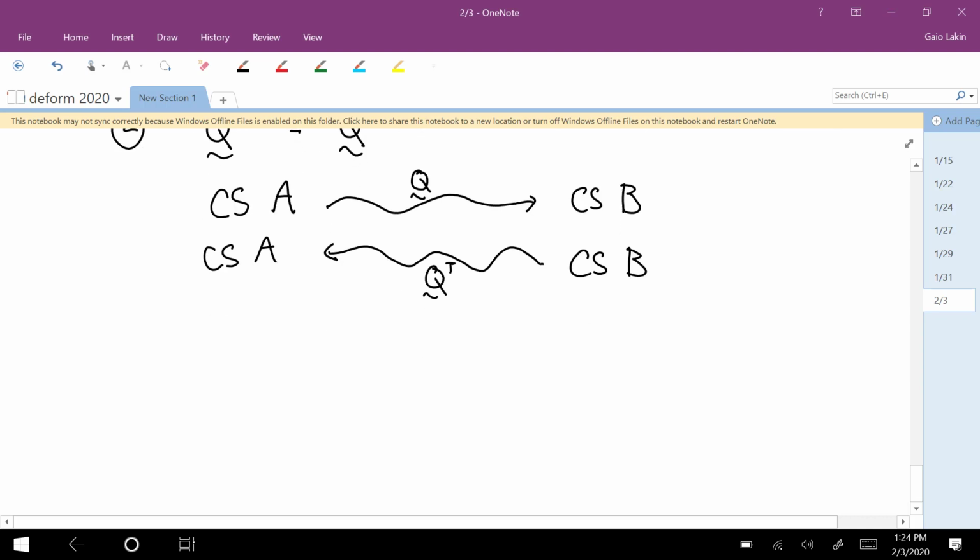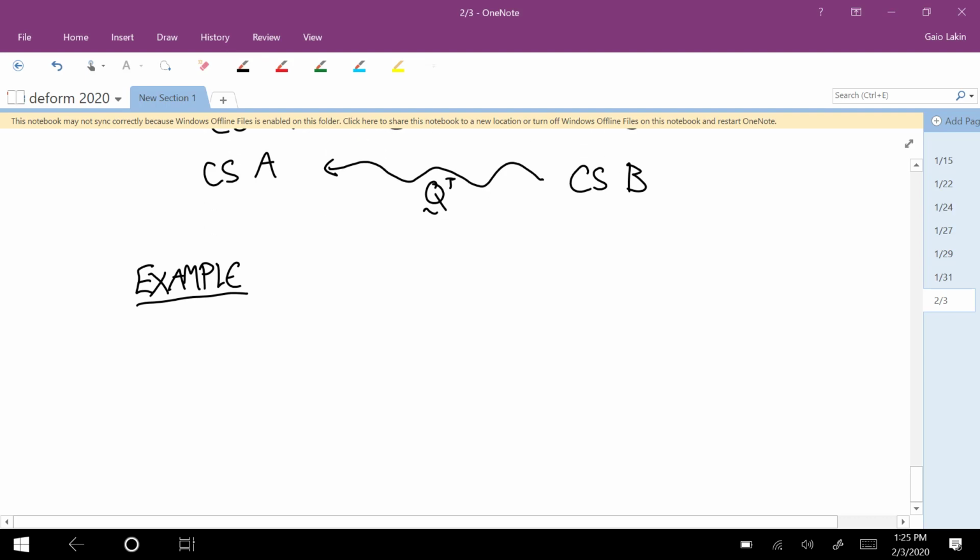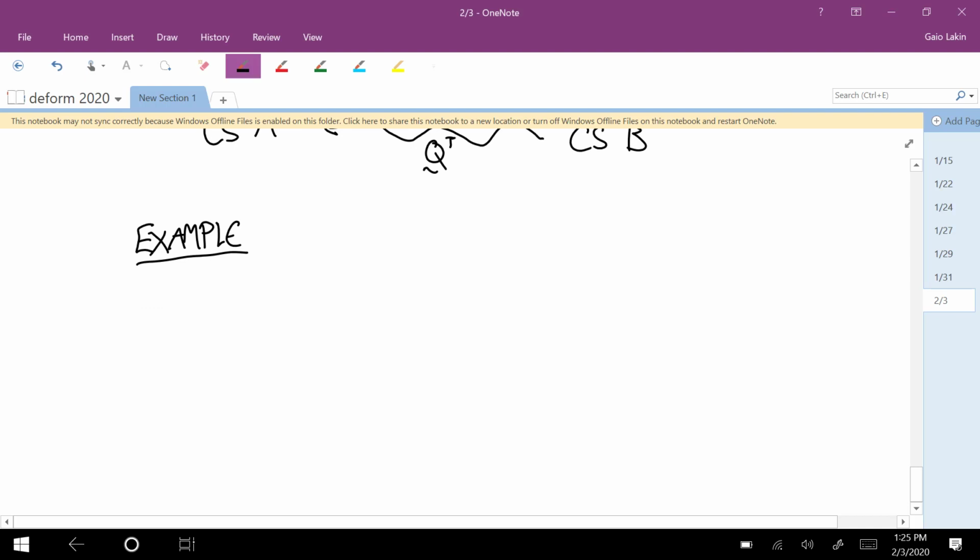So let me do an example that is something you'll recognize from Physics 1, but sort of a new way to think about it. So let's say we have this incline. And let's say this angle is 20 degrees and you have a block on this incline.